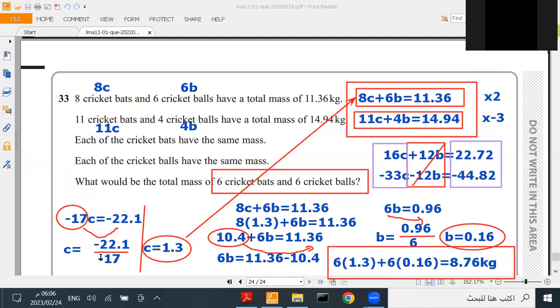You make an equation and find the value of one of the variables. After that, you substitute it back into the equation. After you substitute it back, you find the value of the other variable. And then after finding the other variable, substitute both of them in the last equation. 6C plus 6B together, we will get 8.76 kilograms. And this is how you answer a question like this.